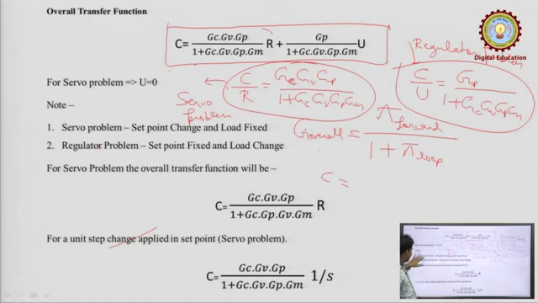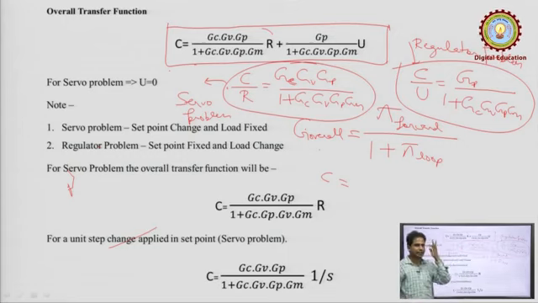I already told you the servo problem is set point change and load fixed. In the case of the regulator problem, the set point is fixed and the load changes. The servo problem and the overall transfer function I wrote here, and the regulator problem I wrote here.